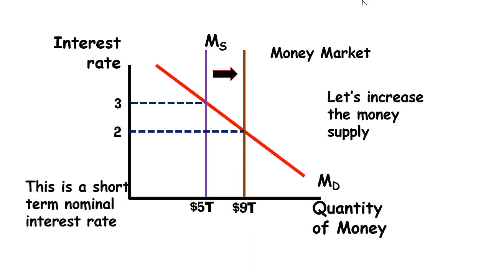Now, if you're saying, why do we have two? Well, there's actually more than two interest rates, but the easiest way, and again, life is more complex than this, the easiest way that your book says it is that the first one we did, loanable funds, is the real interest rate. And this market is a short-term nominal interest rate.